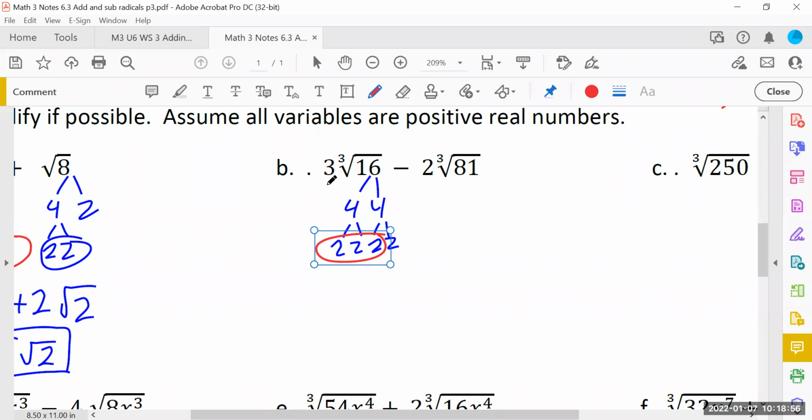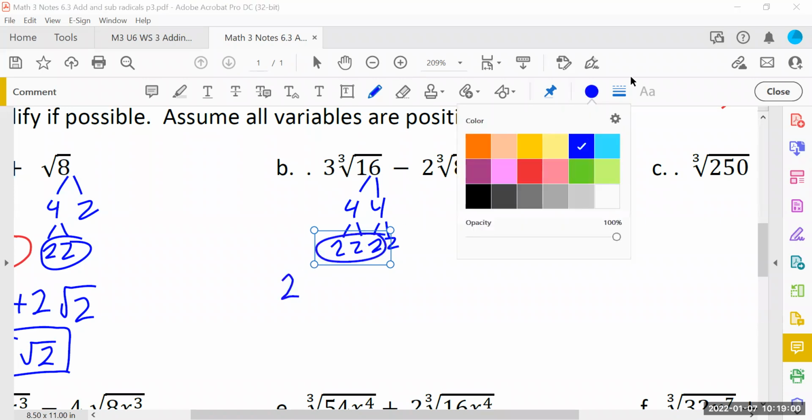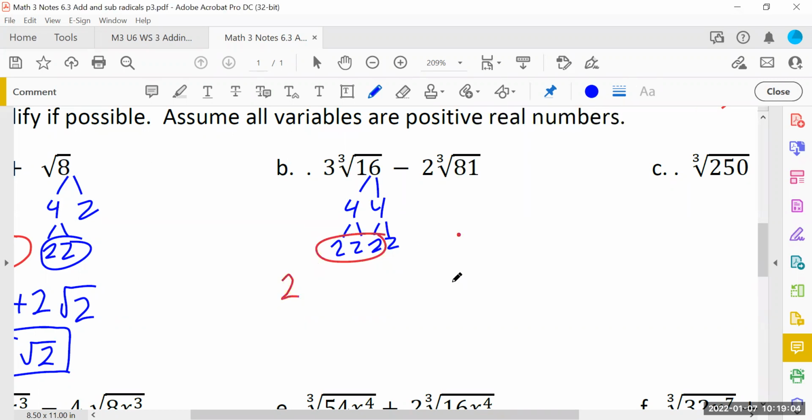That would come out and get multiplied by the 3 that was already there. So there was a 3 out there already. 3 times the 2 that I just took out. Cube root of a 2 left over.